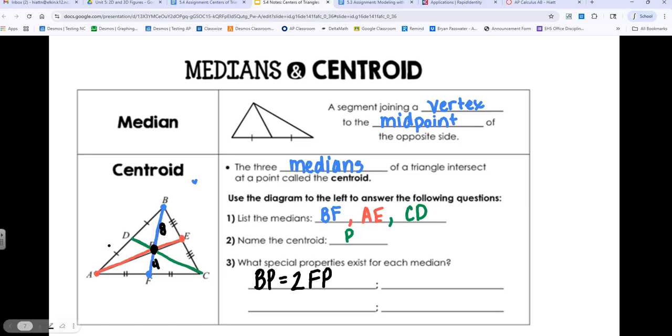What about if I said that AP has a length of 12? Okay, then PE would be 6 right here. Now, obviously, I haven't measured those out. That might be totally inaccurate and impossible for this triangle, but I think it helps just to see how those are related to each other.